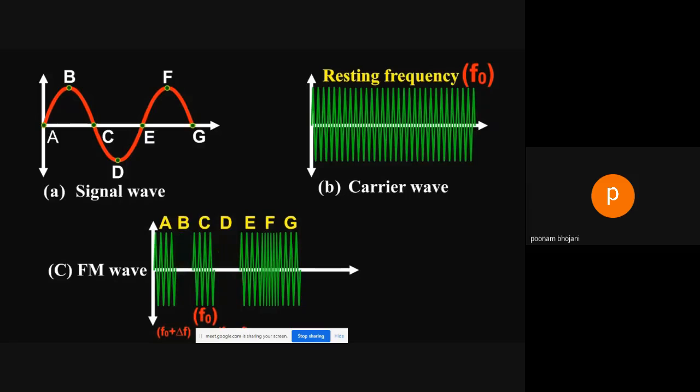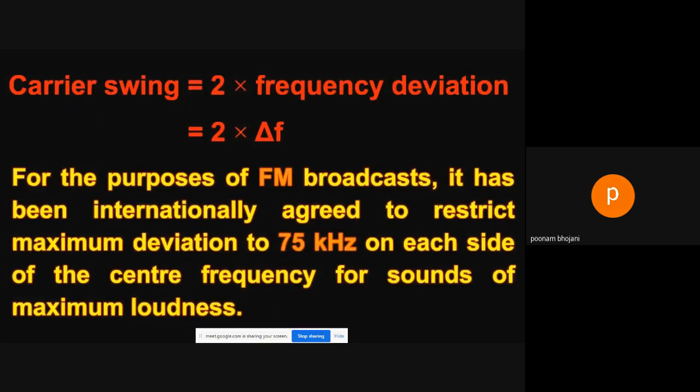Hence, carrier swing is equal to 2 into frequency deviation, so 2 into del F. For the purposes of FM broadcast, it has been internationally agreed to restrict maximum deviation to 75 kHz on each side of the center frequency for sounds of maximum loudness.